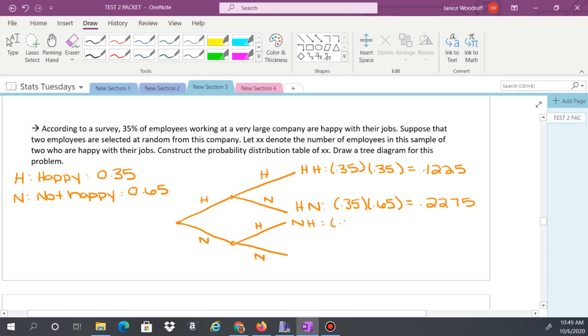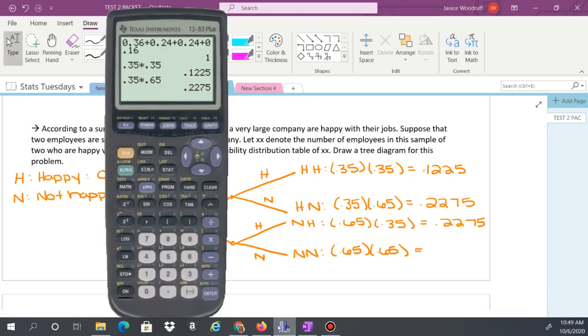So that would be a 0.65 times 0.35. Again, that should be a 0.2275. And then not happy, not happy would be a 0.65 times 0.65. So 0.4225.